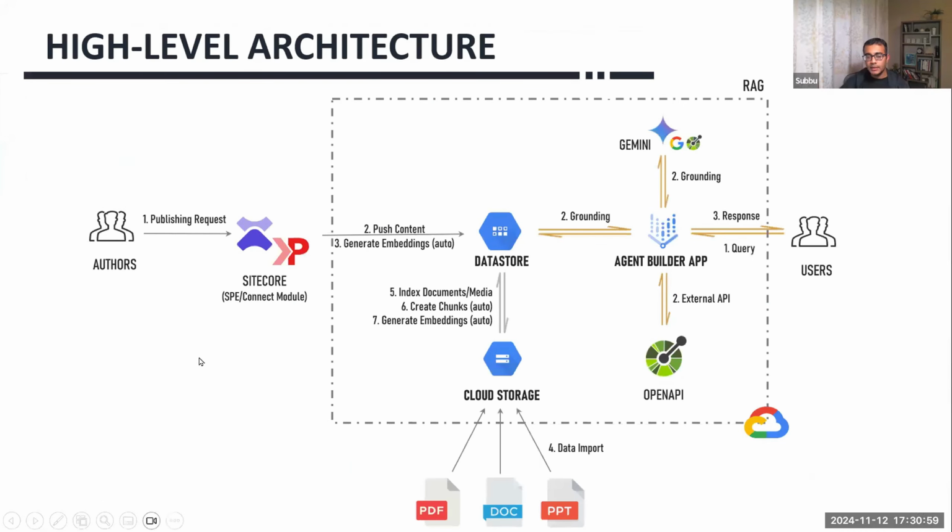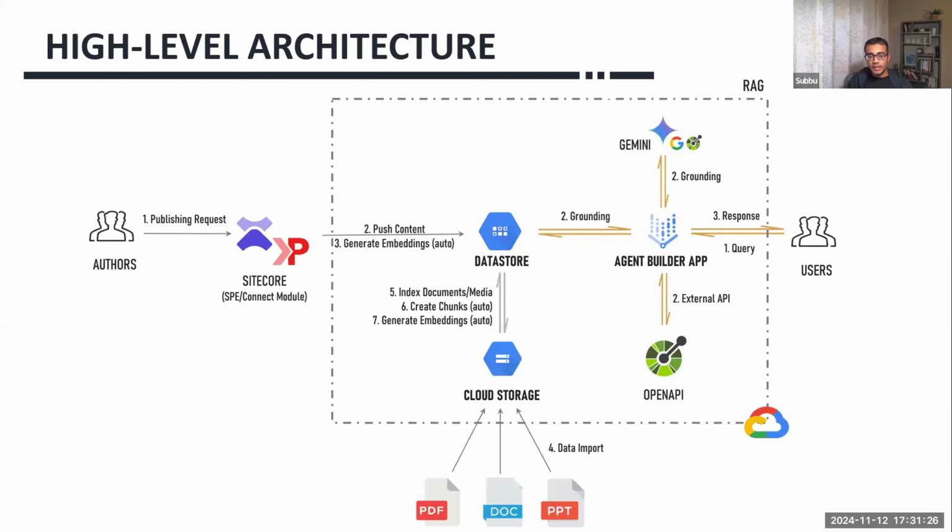This is the high-level architecture if you want to integrate the agent builder app that we saw with Sitecore. If you use XM Cloud or XP, based on that you can choose one of these modules. I've created an SPE module as well as a Connect module, and I have included the links to those in the coming slides. When you publish content, you can select which content to be indexed in the data store.